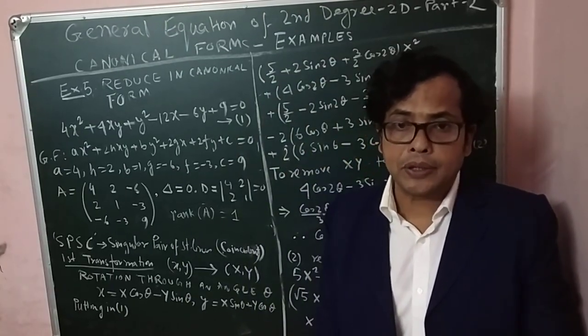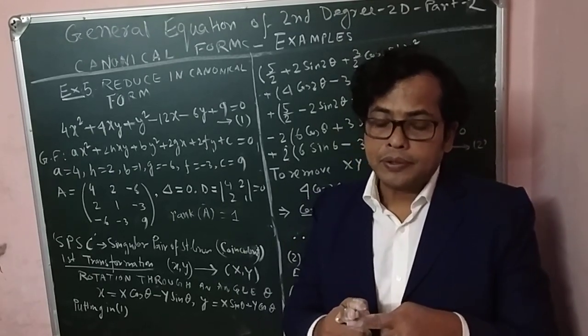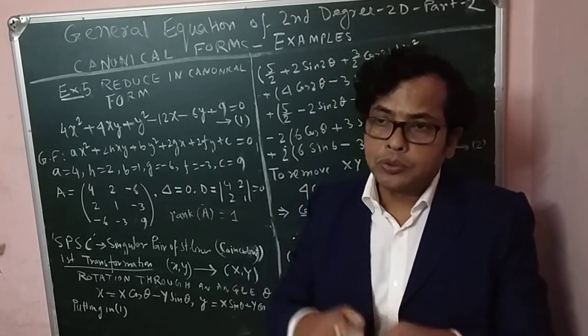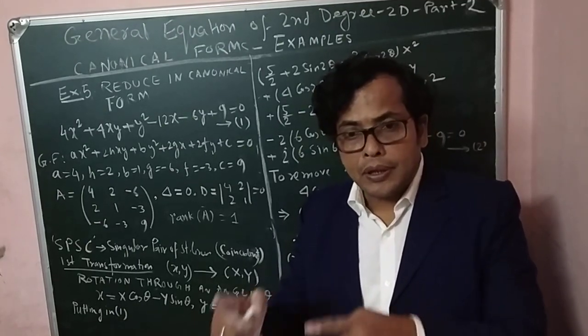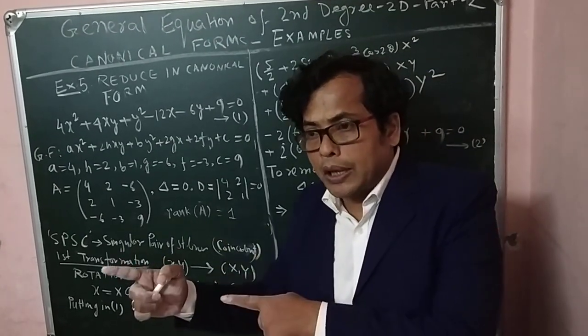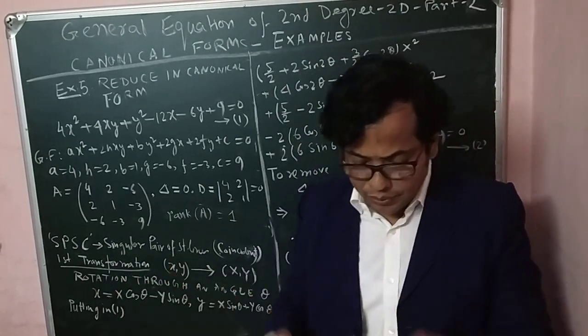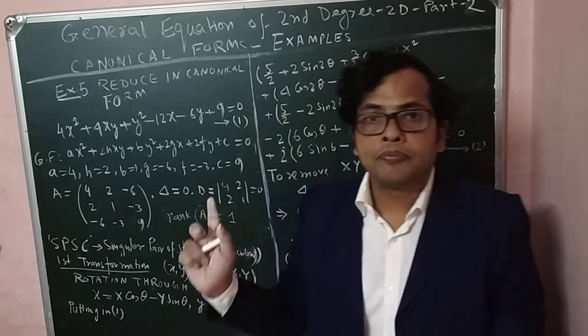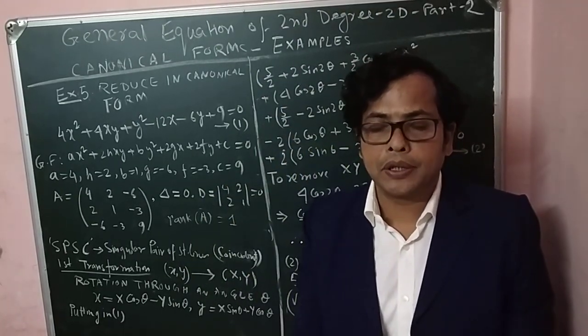Depending on the classification, we make the strategy for how we convert from xy to x dash y dash by translation, or from x dash y dash to capital XY through rotation, or a single one. So we finish this video over here on the general equation of second degree in 2 dimensions.